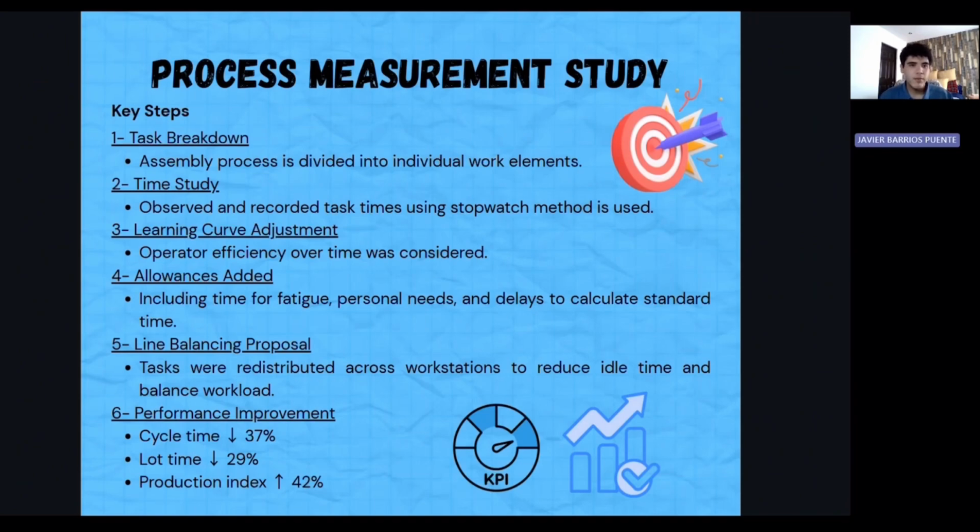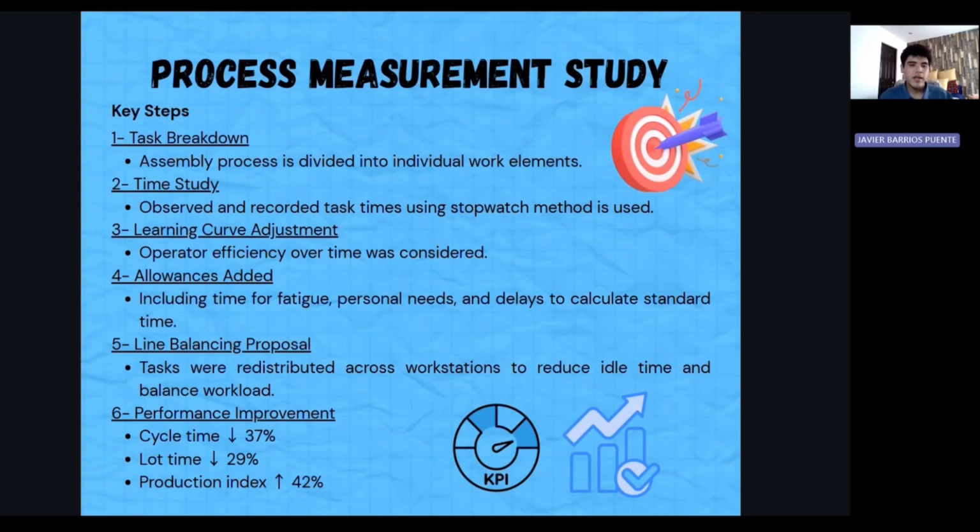Now the key steps of the process measurement study. First, we have the task breakdown, where the assembly process is divided into individual work elements. Second, we have the time study, where task times were observed and recorded using the stopwatch method. Third, we have the learning curve adjustment, where operator efficiency over time was considered. Fourth, we have the allowances added, including time for fatigue, personal needs, and delays to calculate standard time.